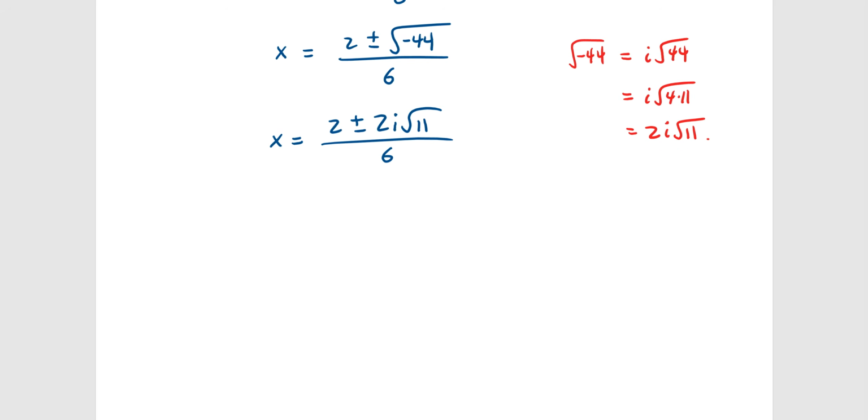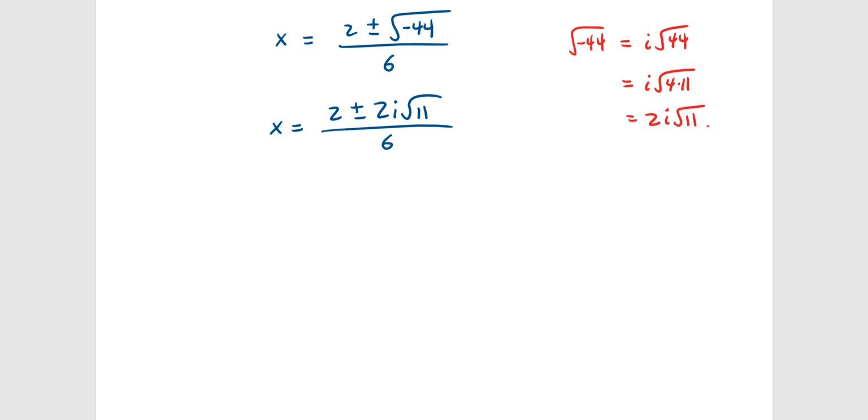So what we could do here is we could split up the fraction like I did in the previous one, and so we can simplify each of the terms separately in the numerator. What I'm going to do though is recognize that we can cancel off a factor of 2 with all three of these terms, and if we cancel off a factor of 2, we're going to have x equals 1 plus or minus 1i radical 11 over 3.